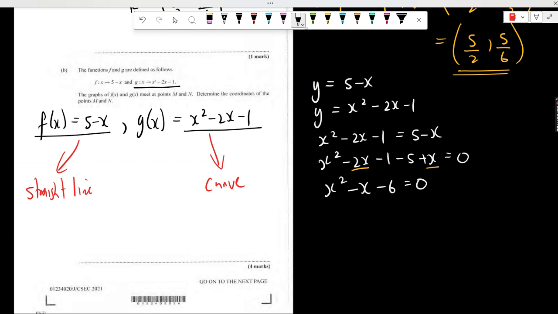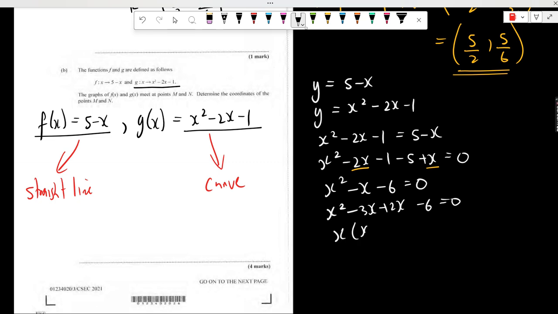Can this be factorized? Are there any factors of negative 6 that add to give minus 1? The answer is yes. The factors of negative 6 which add to give minus 1 are minus 3 and plus 2. So we get x squared minus 3x plus 2x minus 6 equals 0.